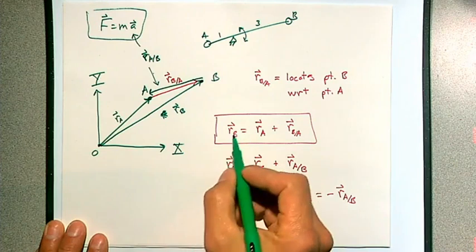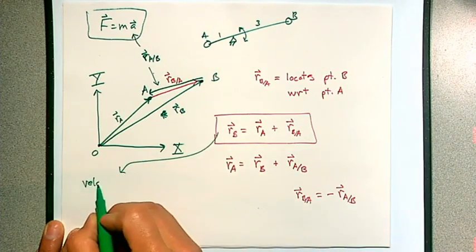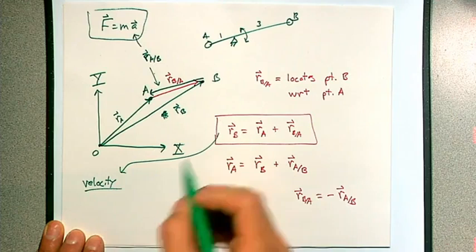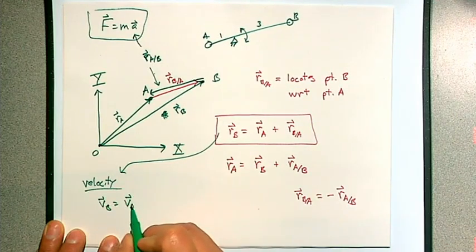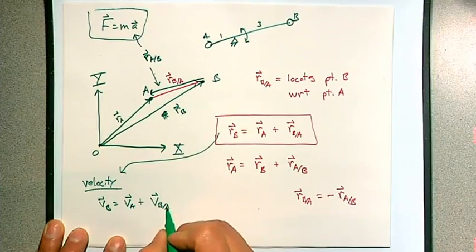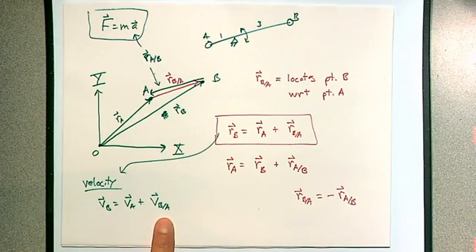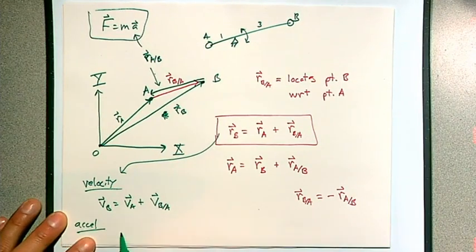So if we want the derivative of this to find velocity, it's just my velocity of B is equal to my velocity of A plus the velocity of B relative to A. Same thing for acceleration, just one more derivative.